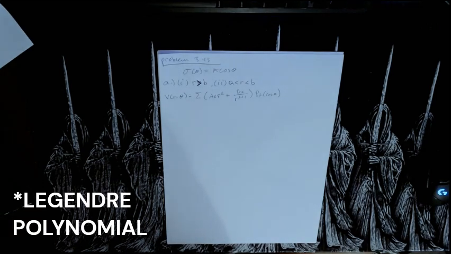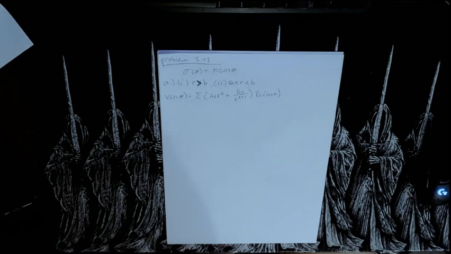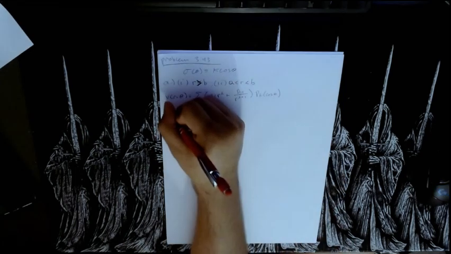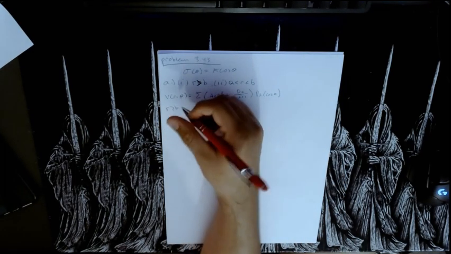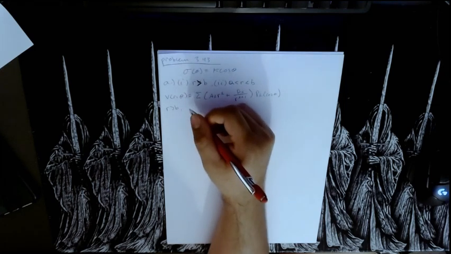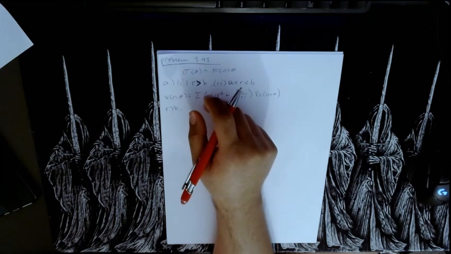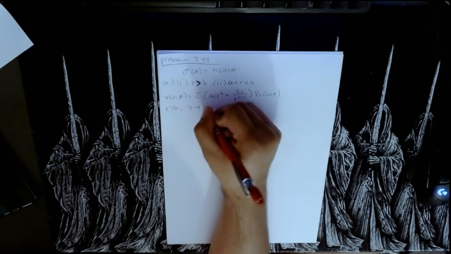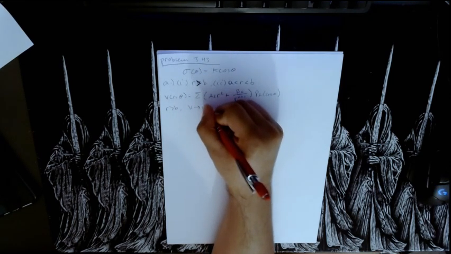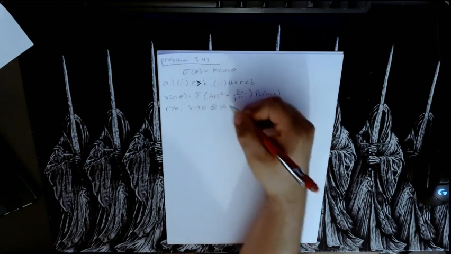So when R is greater than B, we know that the potential is approaching 0 at infinity.